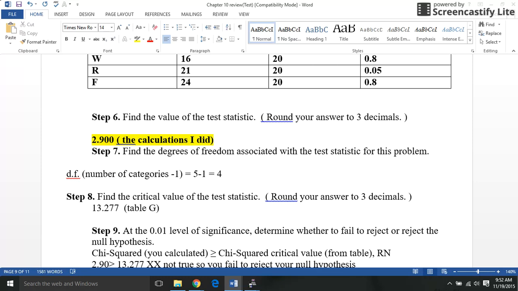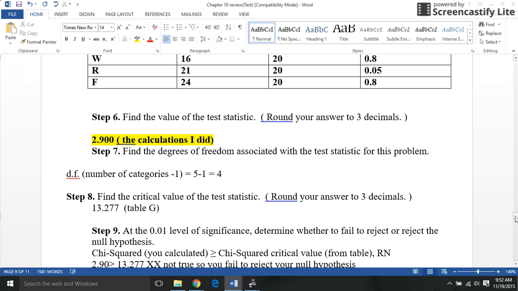If I look in table G, remember, what was my level of significance? 0.01. I go over to that, then go down to number 4, and I find that my value is 13.277. So that's my critical value of the test statistic.